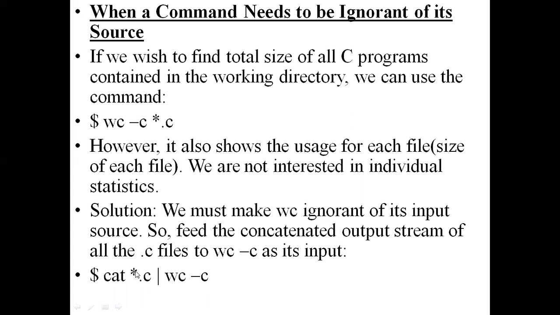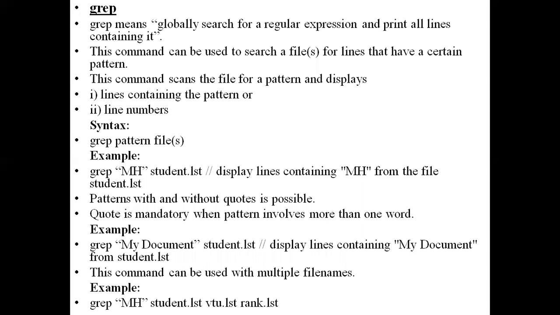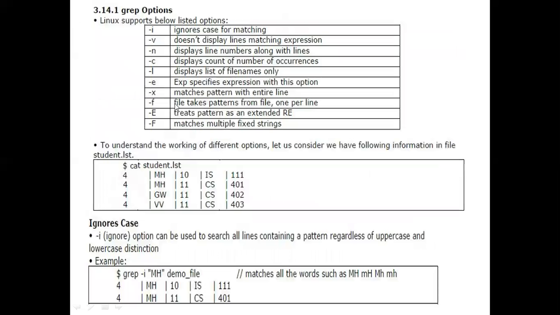In this particular case, it will display the total size of all the C programs present in the current working directory. Then later on we saw the new topic, grep, the command which is used to search for a pattern in a given file. This was the syntax: grep pattern followed by the file name. We saw many examples. Lastly we saw the options which are available with the grep command.